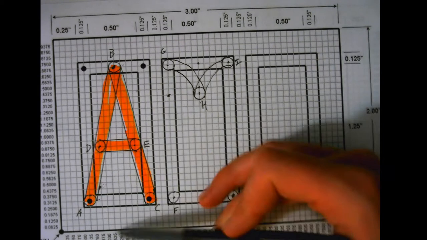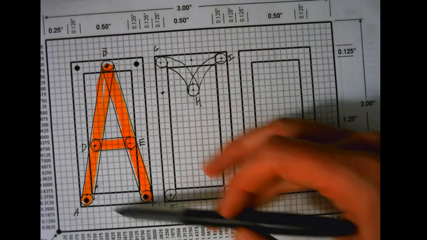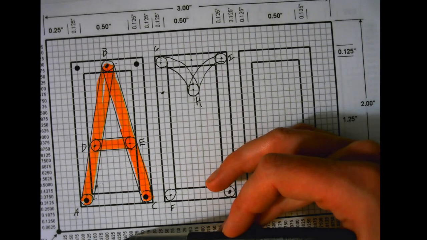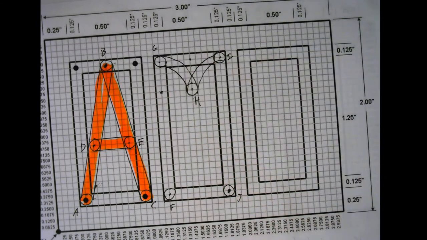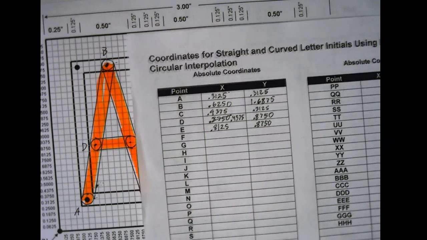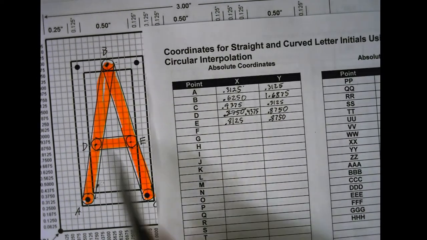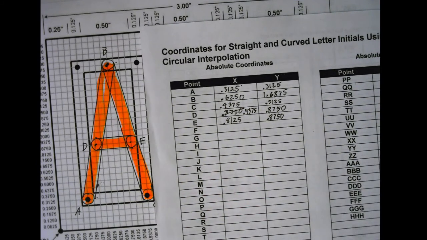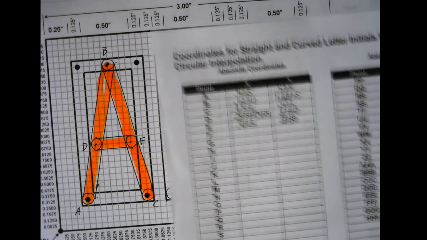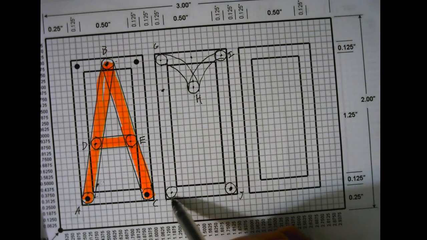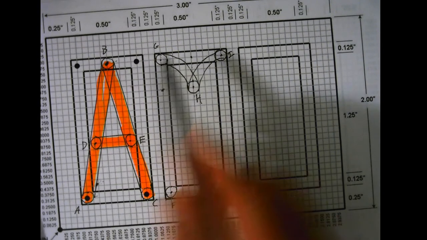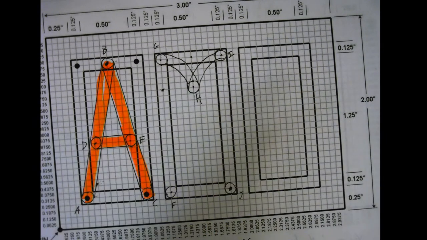And then B is going to be your X value of 0.6250, and then 1.6875. So I've done the work for most of A here, and then I would just keep going through my part as I got from F. So I would add F into there, that X and Y value, that G, that X and Y value, and so on. Okay, so I'm going to be using those values and filling it out.